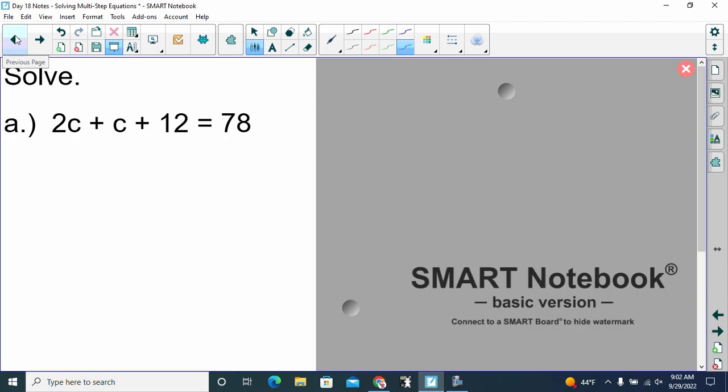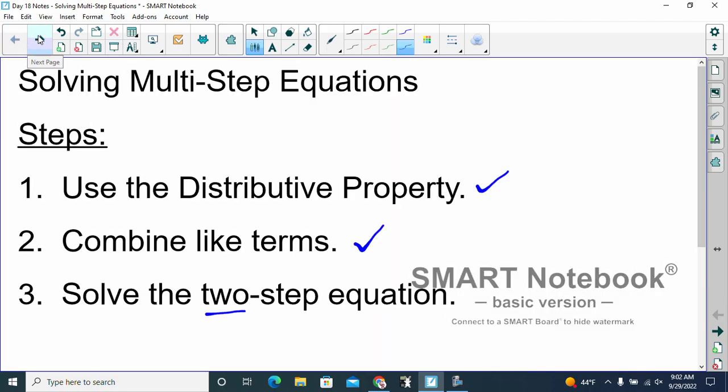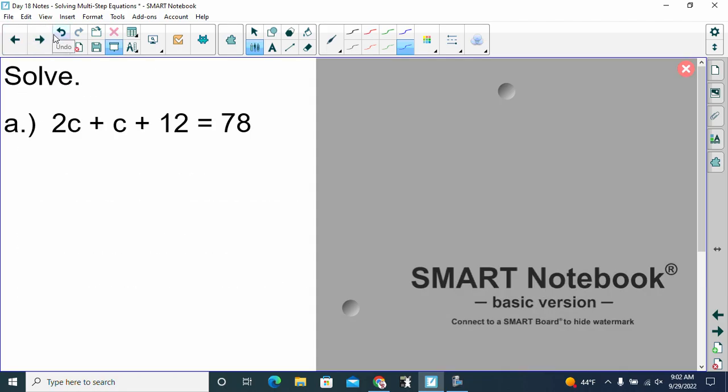Looking back to the steps we just wrote down, step 1 said to use the distributive property. So we need to check to see, is there anywhere that I can use the distributive property? Notice I don't have any parentheses. So if there are no parentheses, there's no number in front of the parentheses that I can distribute. We don't have anything we can use the distributive property on.